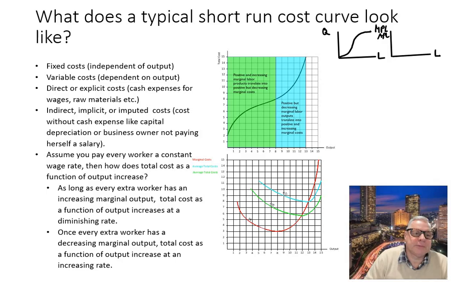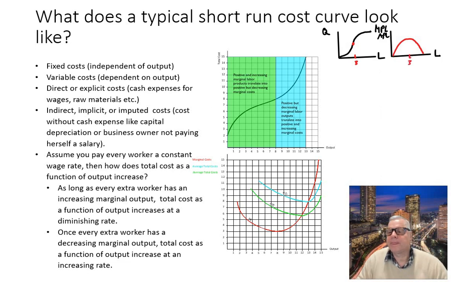We said the marginal product of labor has its optimum maybe at this value here. Let's say if this is 3, then this would be 3. And the average product of labor has its maximum maybe here.